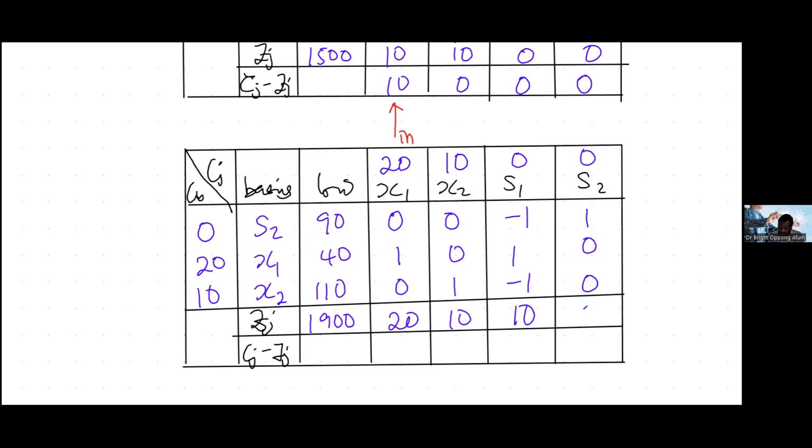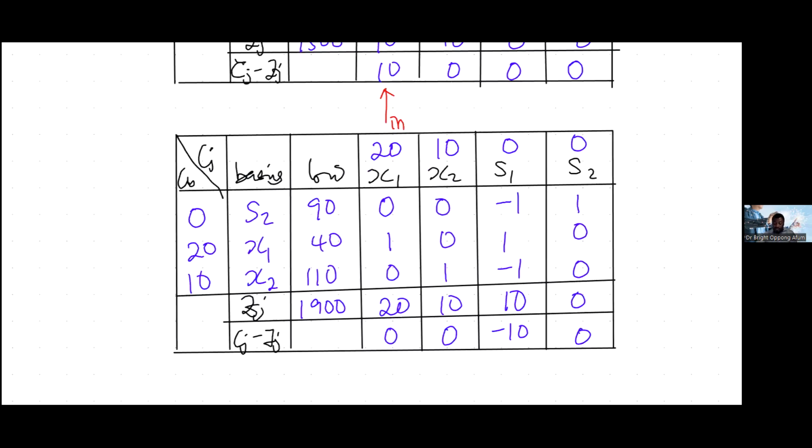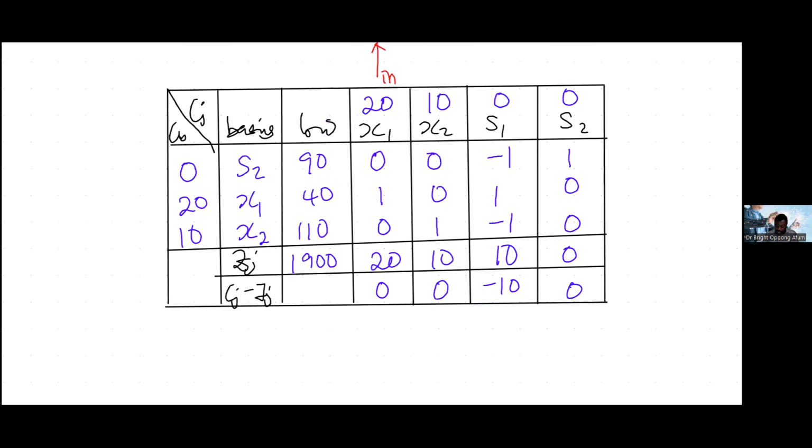So CJ minus ZJ here is 20 minus 20, 0, 10, 0, 0 minus 10, -10, and this is that. So at this point, you see that this tableau indicates that there is no positive CJ minus ZJ value, right?